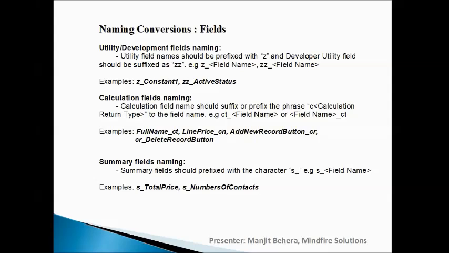For example, z underscore constant 1 simply contains 1, which is used for different purposes to set some data for a specific purpose, like a utility. Z underscore active status is for developmental use or to relate some data.